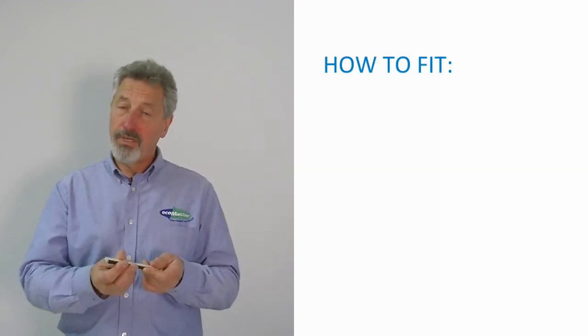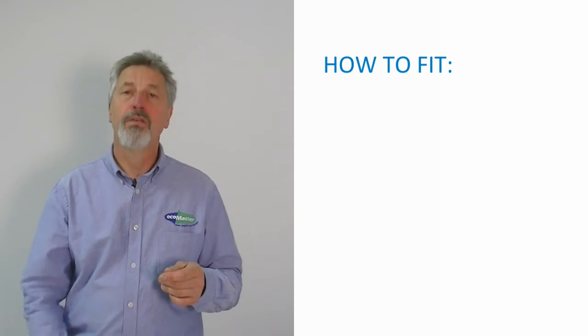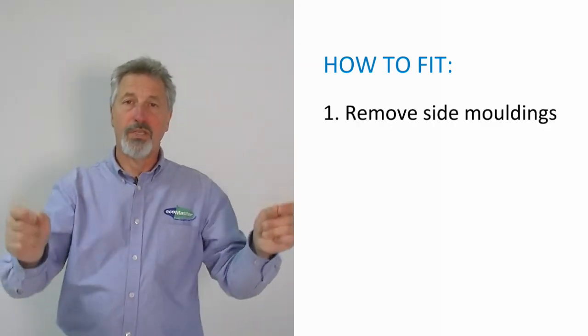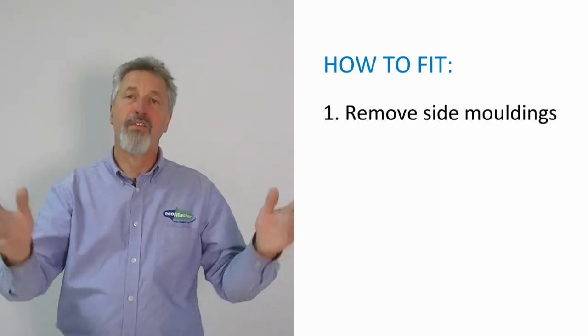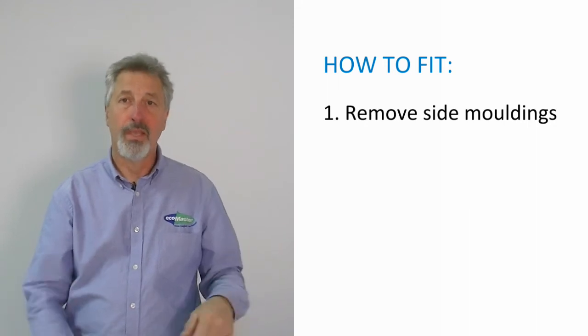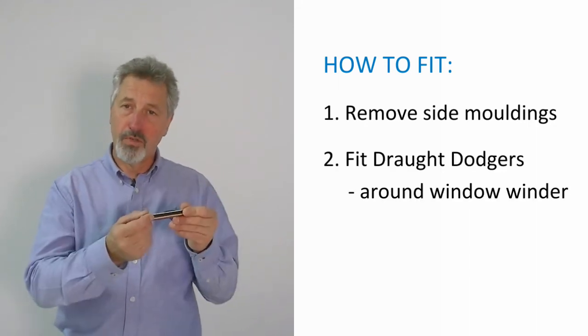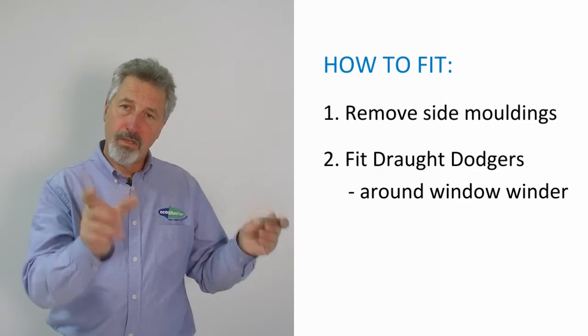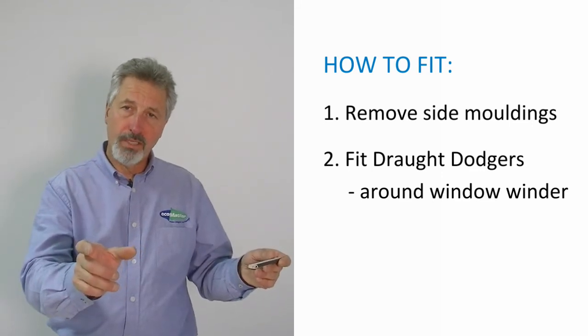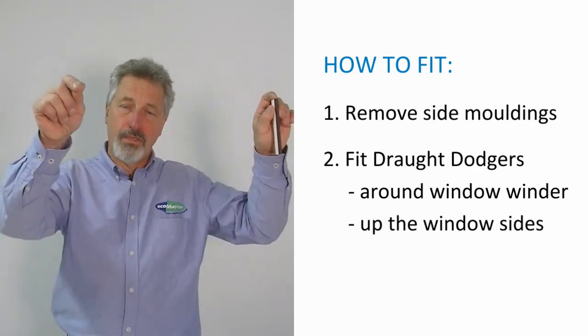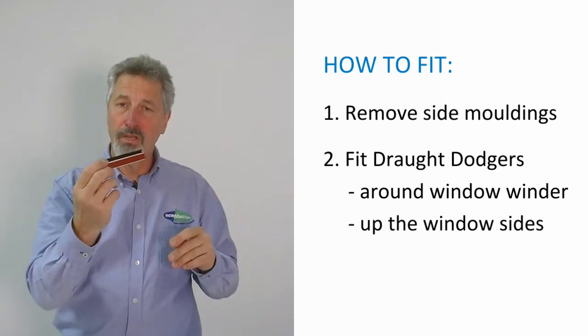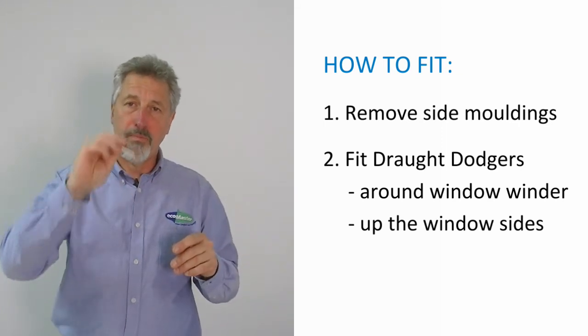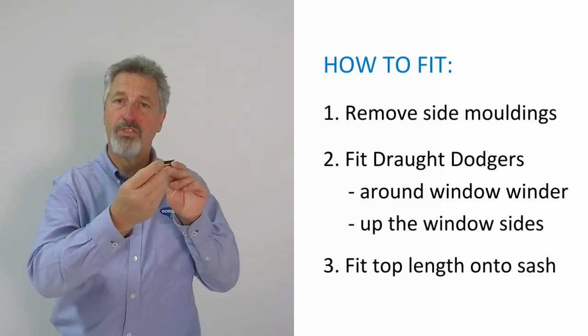How are these fitted? Well, to fit these, the side mouldings that exist in the frame have to be taken off, and then the draft dodgers for awning windows are fitted either side of the window winder and then up the sides. Most importantly, the top one fits not to the window frame but to the top of the window sash itself.